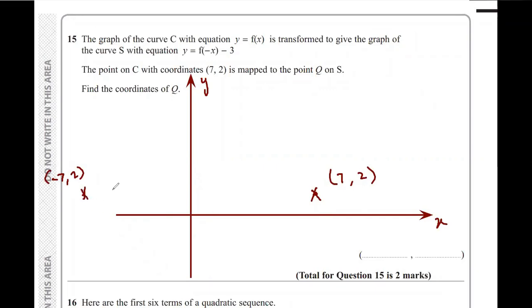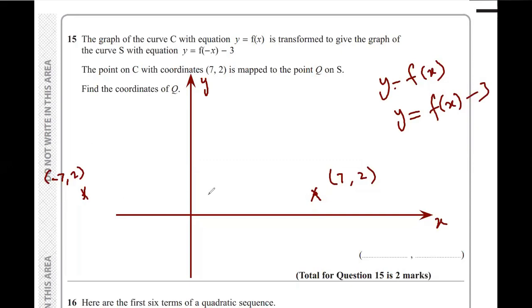Okay, and then there's another transformation because two transformations are mixed. If I've got y equals f of x, and someone asks what the effect of take away 3 will be, will this shift the graph above or below? It's going to move down 3.